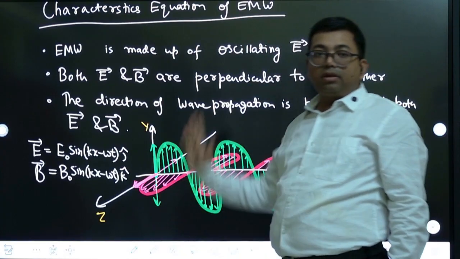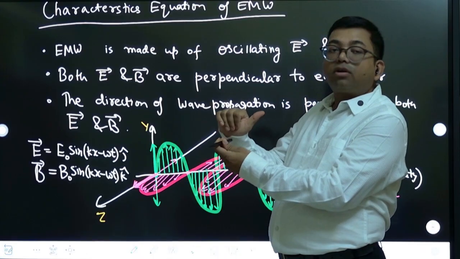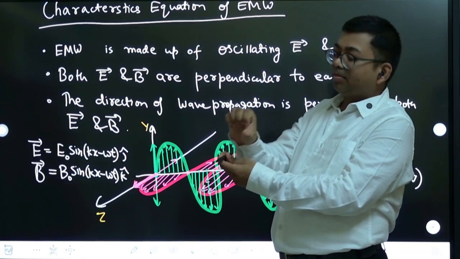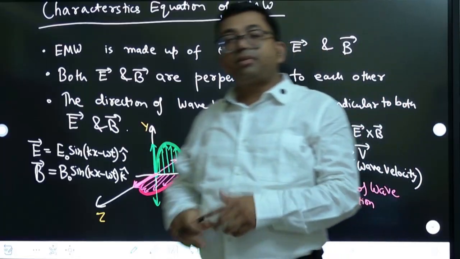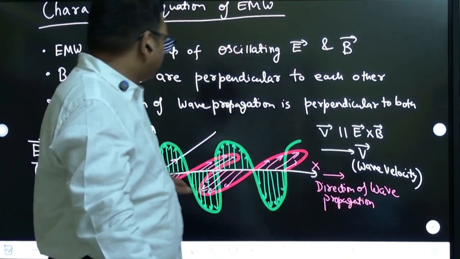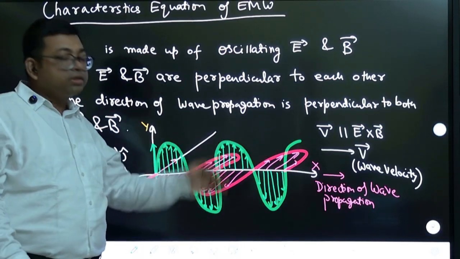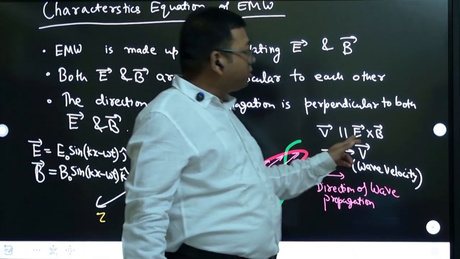If this is E and B is coming this way, then E cross B will go this way, that is the positive x-axis. Sometimes they may change the direction, and according to that, the propagation direction will change. Remember, the velocity vector is parallel to E cross B.